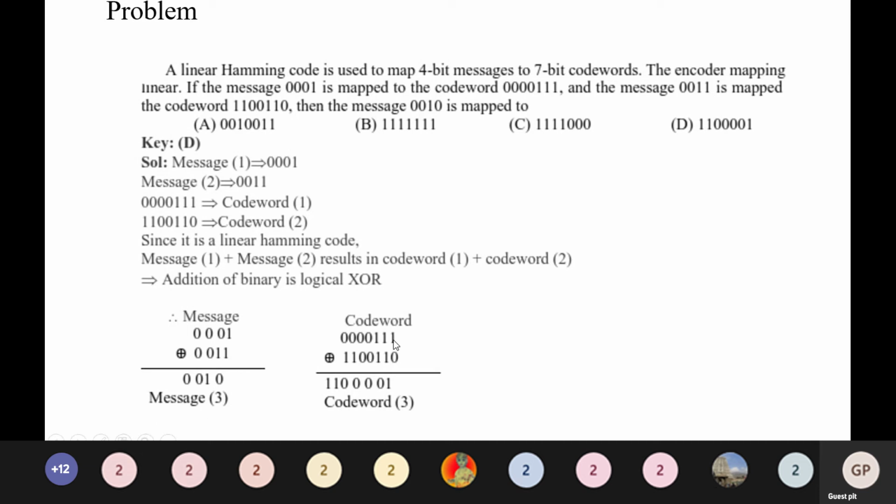So if we just XOR this, 1 and 0 modulo 2 is 1, 1 and 1 is 0, 1 and 1 is 0, 0 0 0 0 0 0, then 0 and 1 is 1 1 1. So if you look at these various options, this last option comes out as the suitable one.